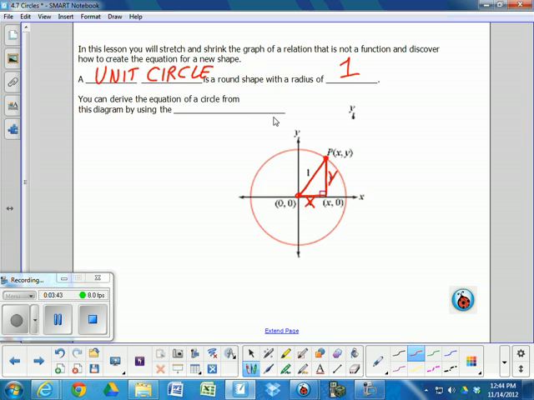Remember that? Hypotenuse? That distance is 1, and I know that because we're on the unit circle, and the radius has to be 1. So, we derive the equation of the circle by using the Pythagorean theorem.